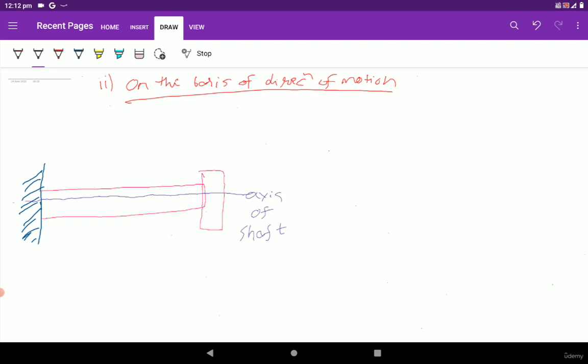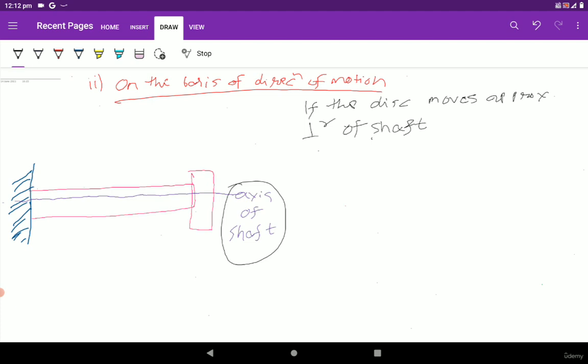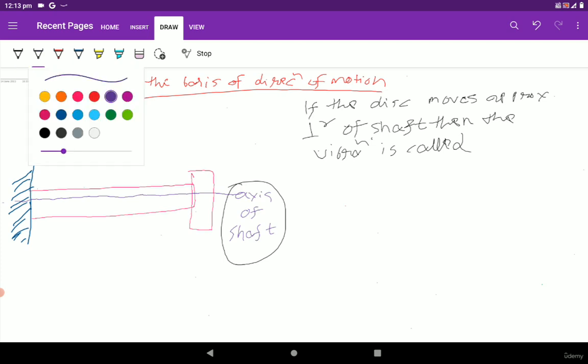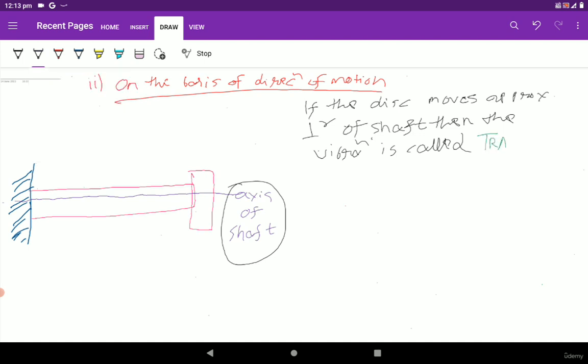If the disc moves approximately perpendicular to the axis of the shaft, which is here, then the vibration is called transverse vibration.